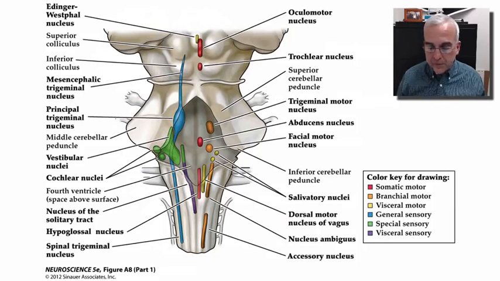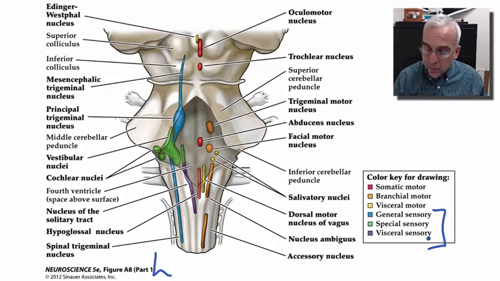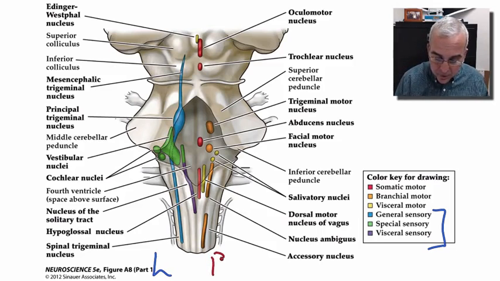For the purpose of making this illustration just slightly less complicated than it needs to be, we've organized it by color code and by side. So on the left side of the figure, we have our sensory nuclei. And on the right side of the figure, we've illustrated the motor nuclei.